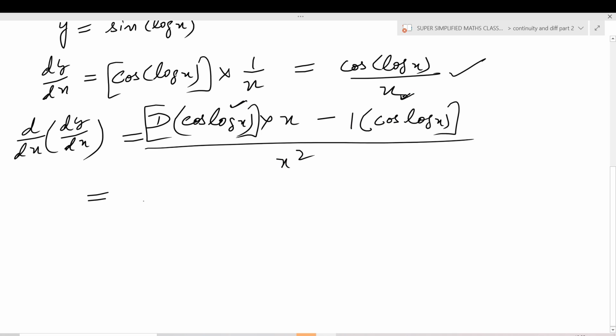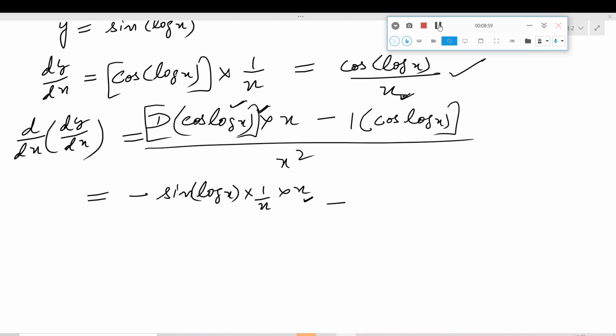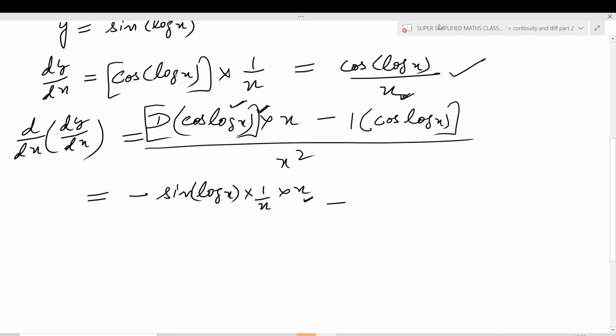We simplify. Now we have to substitute the derivative of cos log x here. The derivative of cos log x will be minus sin log x, but we have to multiply by the derivative of log x, which is 1 by x. You can see this term has been multiplied with x, so you multiply here also by x, minus cos log x. This term we have copied here, divided by x square.